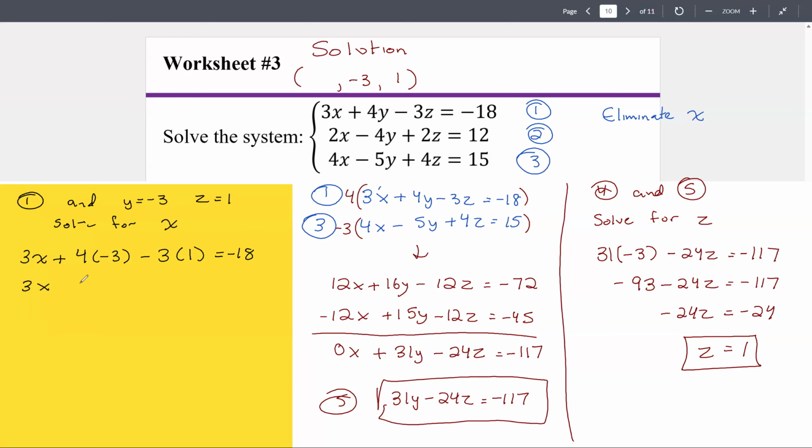So we got 3x minus 12 minus 3 equals negative 18. So that is going to be 3x minus 15 equals negative 18. Or 3x is going to be equal to negative 3. And we get that x is just going to be negative 1. So my solution is x is negative 1, y is negative 3, and z is positive 1.